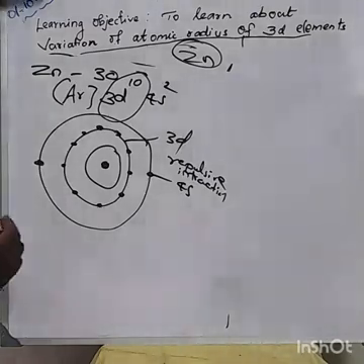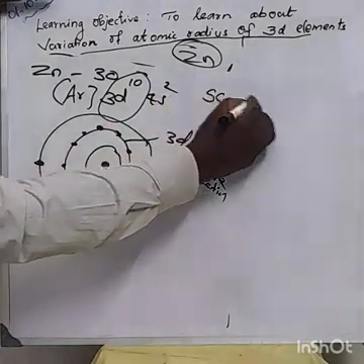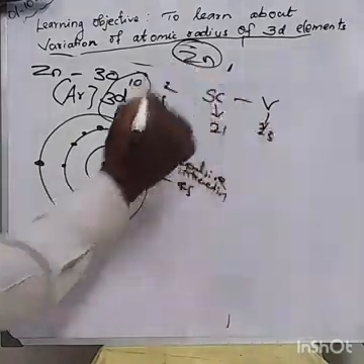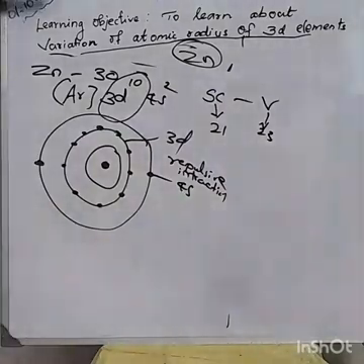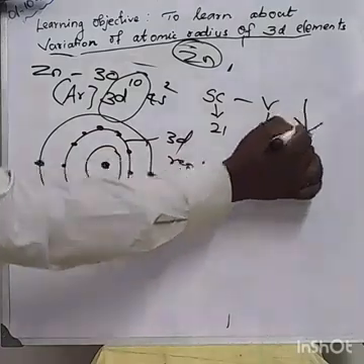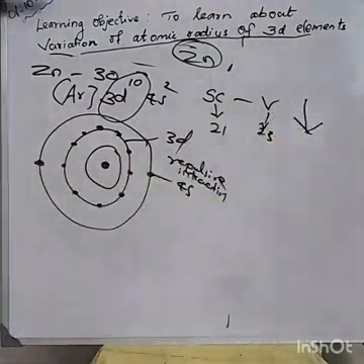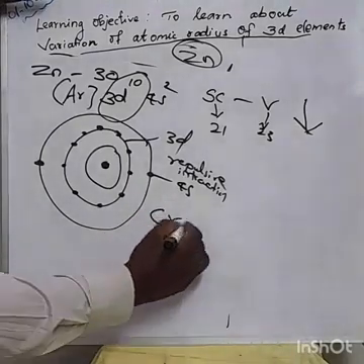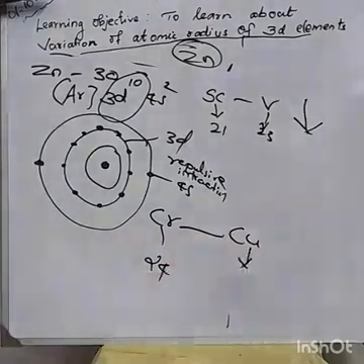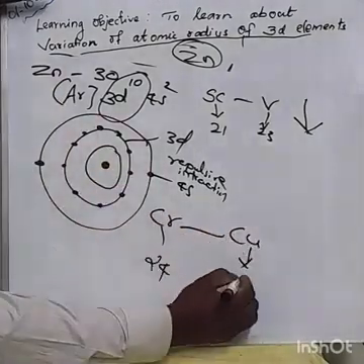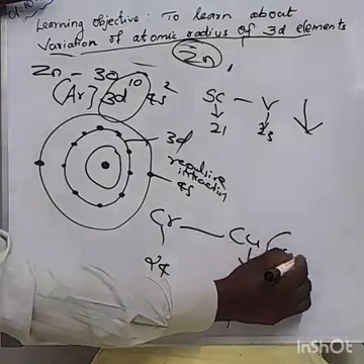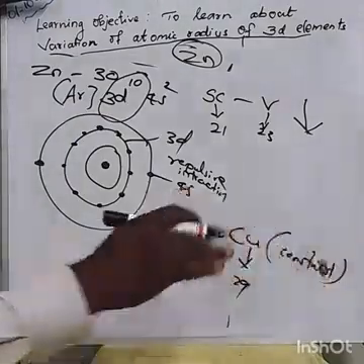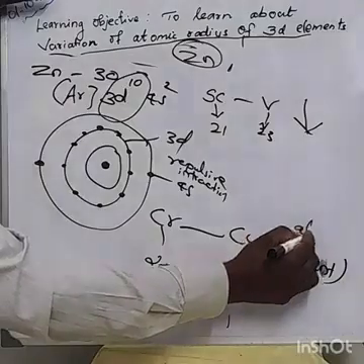That means scandium to vanadium, atomic number 21 to 23, the atomic size decreases. About chromium to copper, atomic number 24 to 29, it is almost constant.